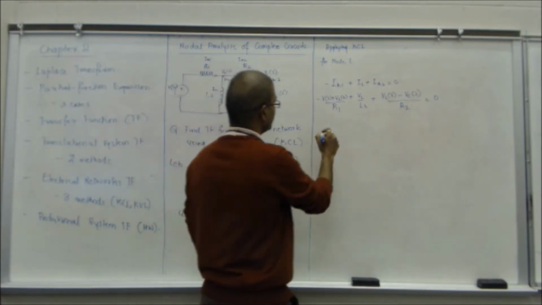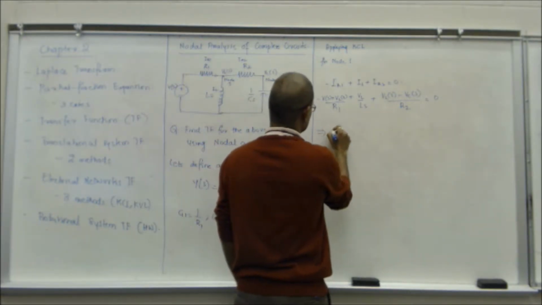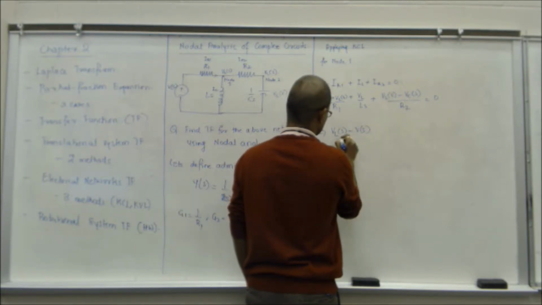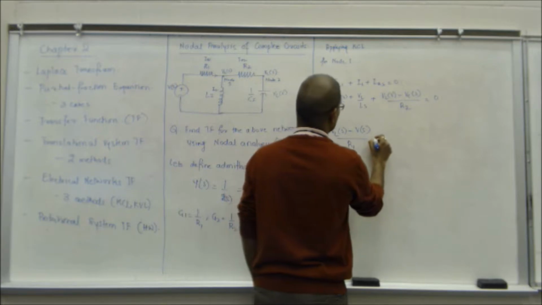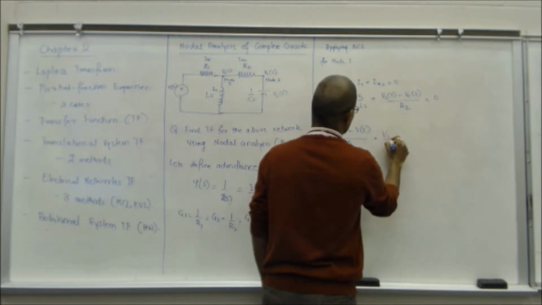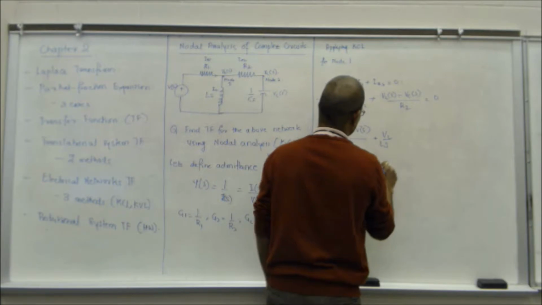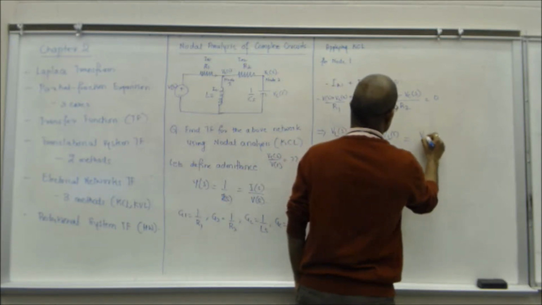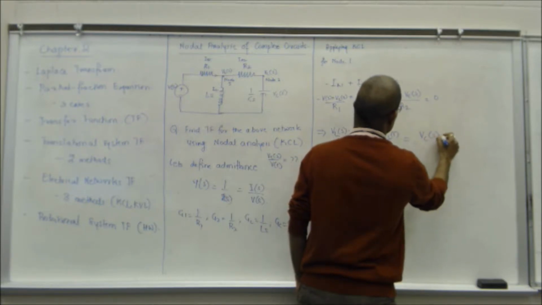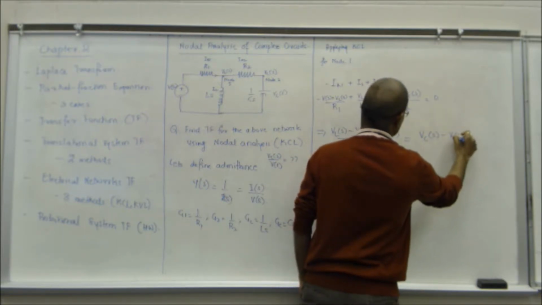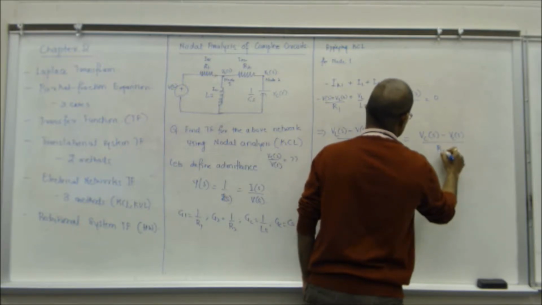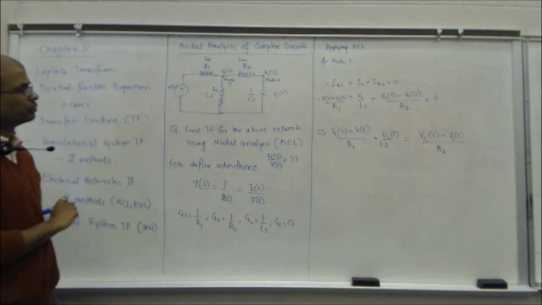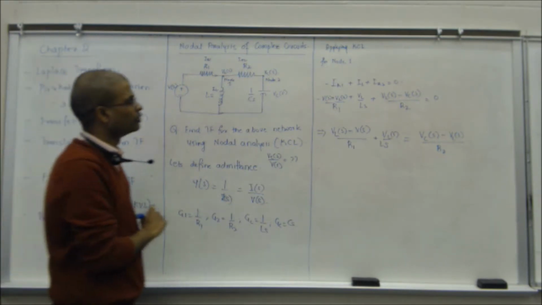So if you write this, you can write it as VL of S minus V of S over R1 plus VL of S over L S is equal to VC of S minus VL of S over R2. Okay. This is for node 1.